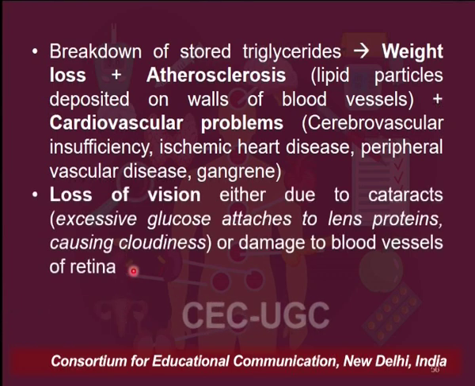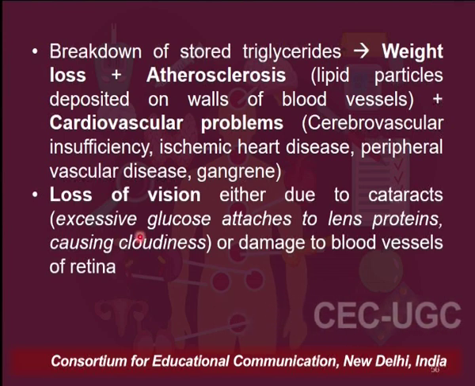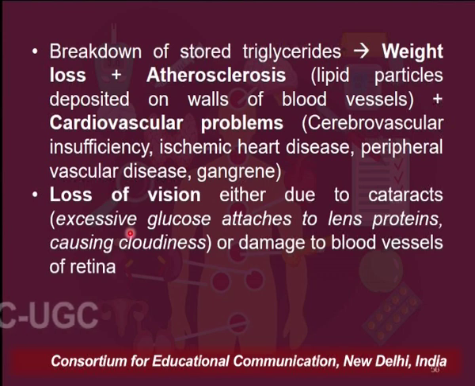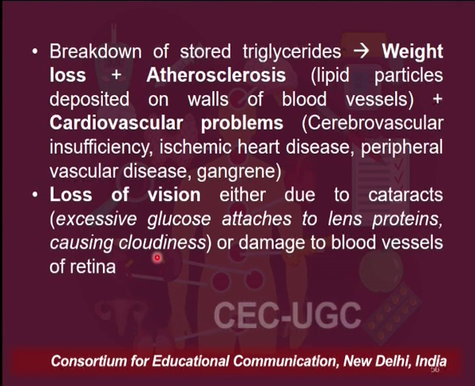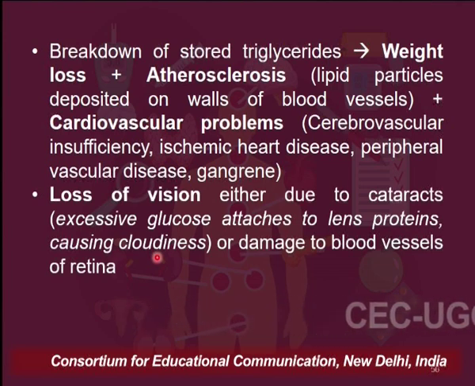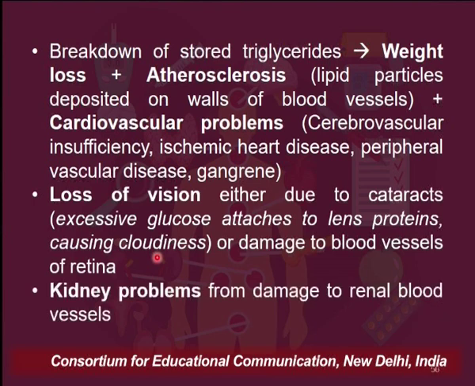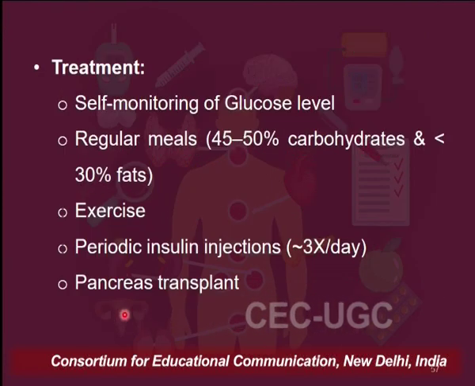Along with it, there is loss of vision, either due to cataracts, because a lot of glucose gets attached to the lens proteins. This causes cloudiness, or there could be damage to the blood vessels of the retina, leading to loss of vision. And then come the kidney problems, which occur from damage to the renal blood vessels.